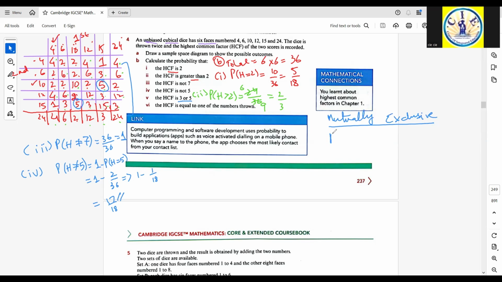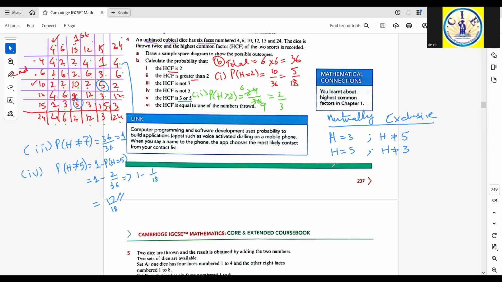So if the HCF is 3, then HCF will not be equal to 5. And when the HCF is going to be 5, in that case, HCF is not going to be equal to 3. So both of them cannot occur at the same time. So that's why these are mutually exclusive events.